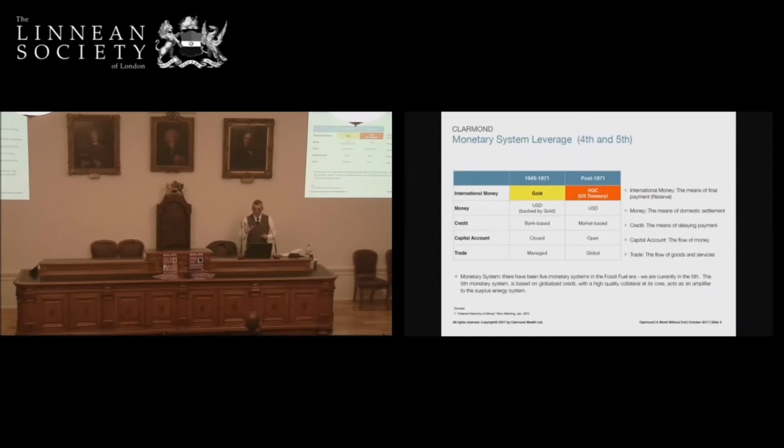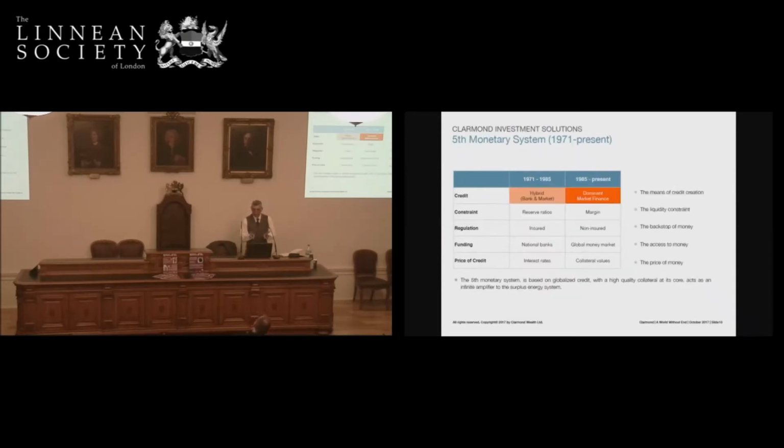So we're living in the fifth monetary system, and the key of that system is that it's based on market-based credit, and it's global. This post-1971 period can be divided into two periods. One is a hybrid period, where interest rates are much more relevant, and the current period we're in, where the collateral or the asset is much more relevant.